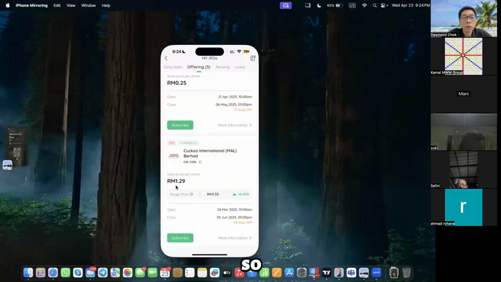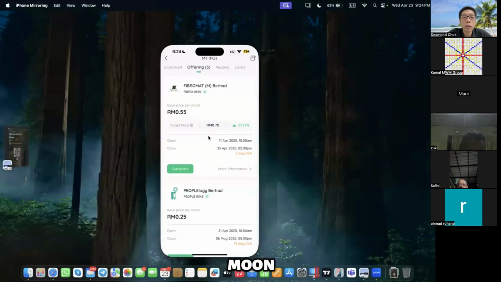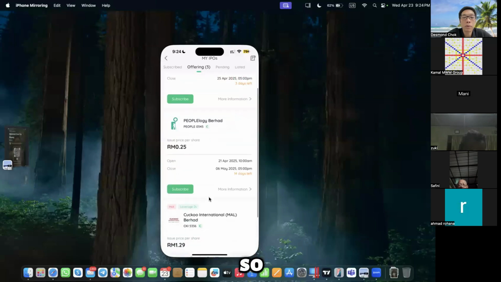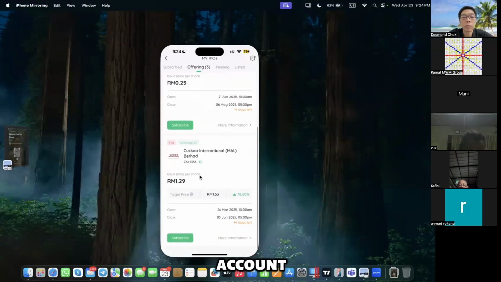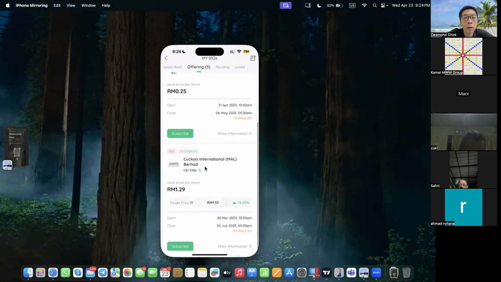For those IPOs, you can see the green moon, all are Sharia IPOs, so those Islamic accounts can apply. On top of that, you can see there's a leverage. Leverage is a new thing under M Plus here.